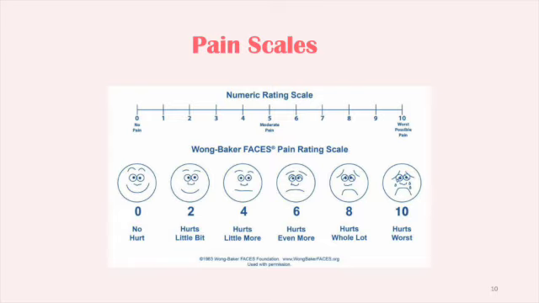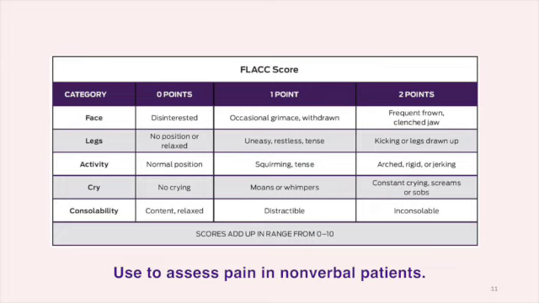So this is the Wong-Baker Faces pain scale as well as the numeric rating scale for you to see what could be used. And I think we have copies of those that you would be able to access and use with the resident if you needed to. The FLACC score is face, legs, activity, cry, and consolability. Each one is descriptive as to how many points based on what that person may be having.